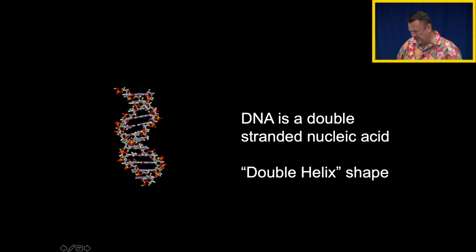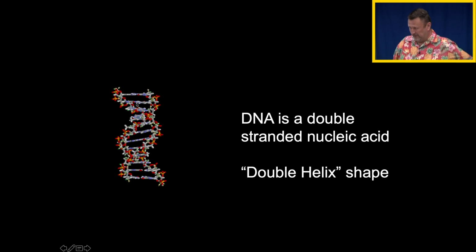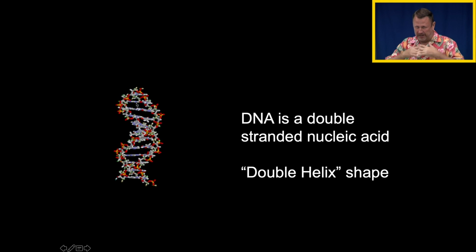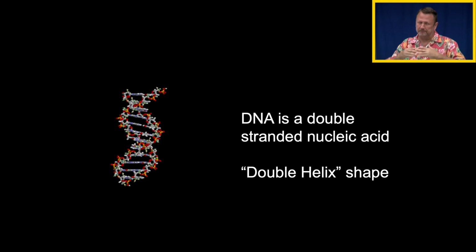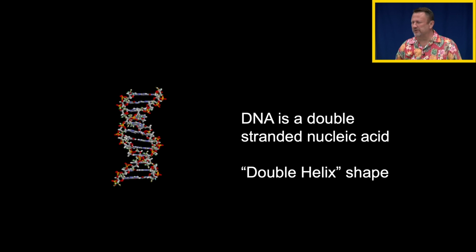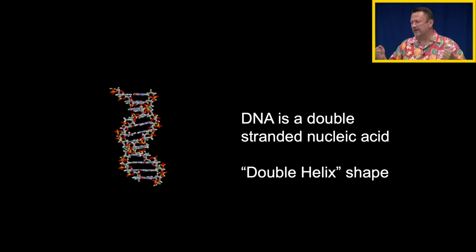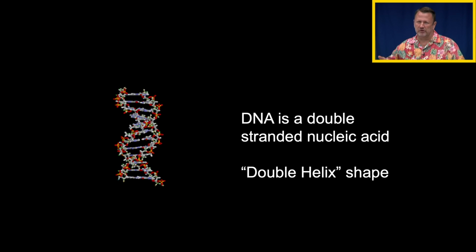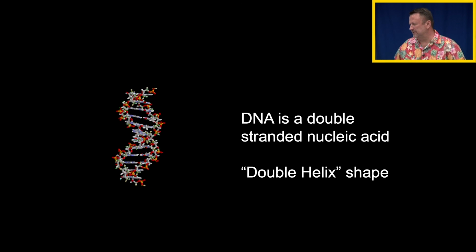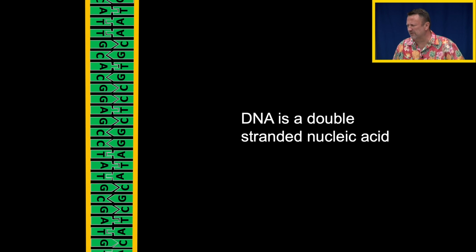I want you to see that the steps of the ladder are the nucleobases spontaneously attached to each other, and the rails of the ladder are the ribose sugars in their chains. That's what this is supposed to be showing you.